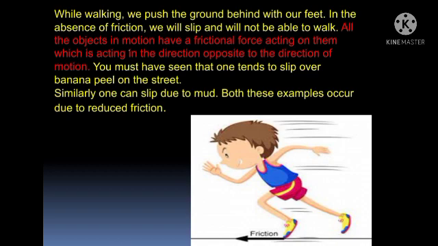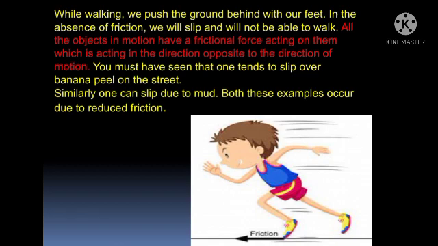You must have seen that one tends to slip on a banana peel on the street. Have you ever seen that, students? A person can slip on a banana peel which is thrown on the road. Why is it so, students? Because if the foot comes on the banana peel, there is no interlocking between the foot and the peel. Why?